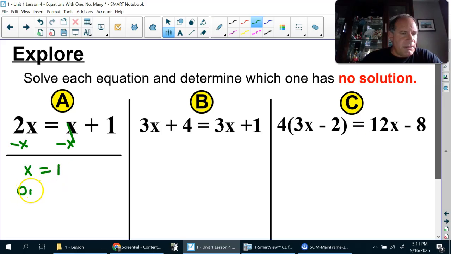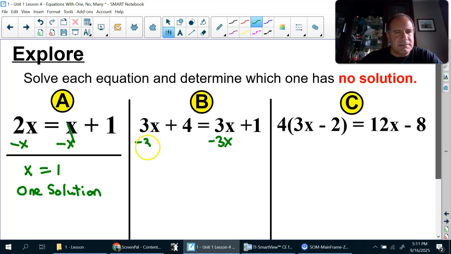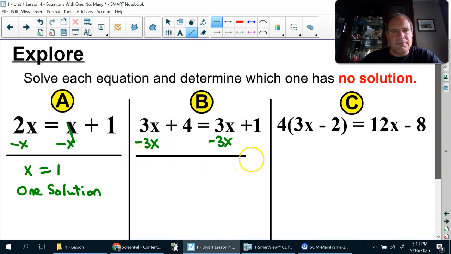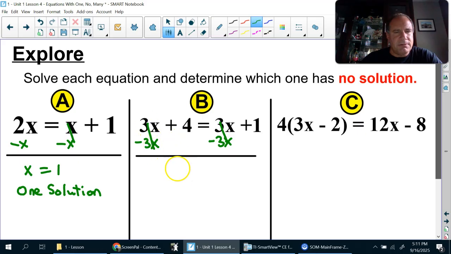This is one solution. This one right here, you have the same x's, but different other numbers, the constants. So we're going to get the x's together first, and we're going to cancel both of those sides out.